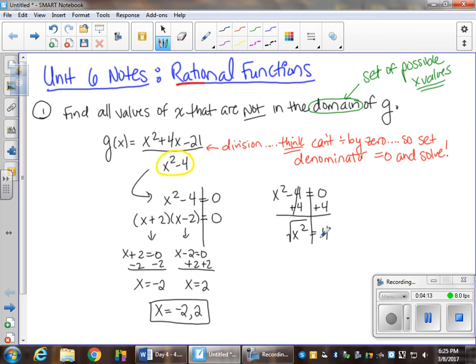Then I take the square root of both sides, and I get x equals plus or minus 2, or, as I would type it into ALEKS, 2, negative 2. Same answer, 2 different approaches. You get to pick which one you like best. And whether the negative comes first or second, it does not matter.